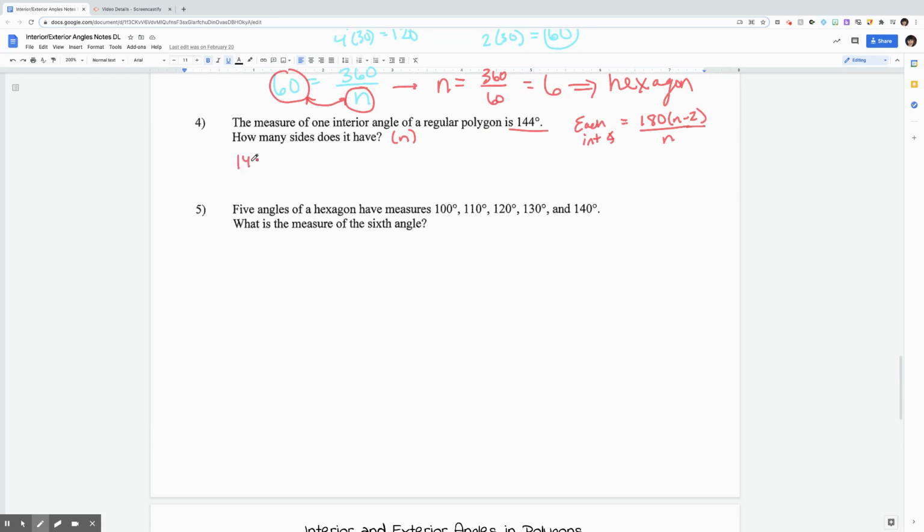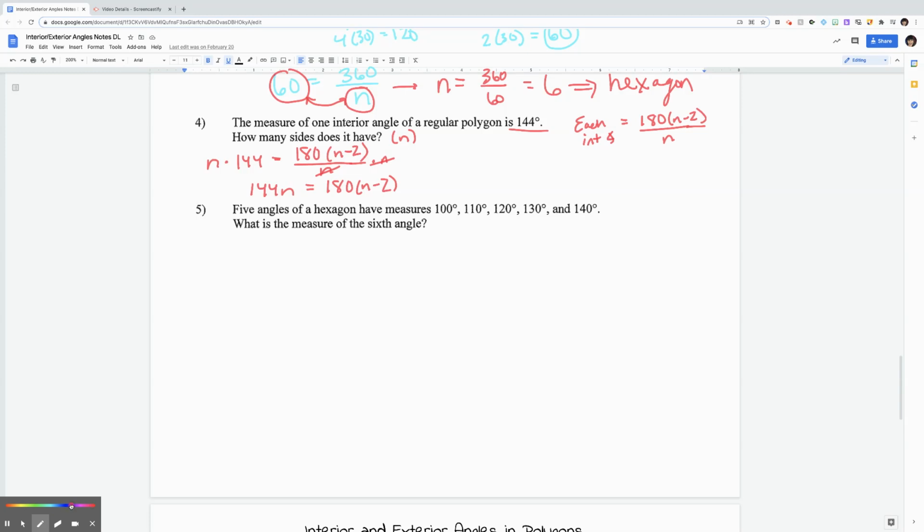So what I have is 144 equals 180 times n minus 2, divided by n. Now my advice is multiply both sides by n in order to get rid of that fraction. So I end up with 144n equals 180 times n minus 2.